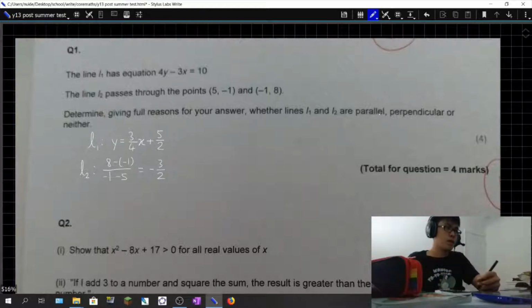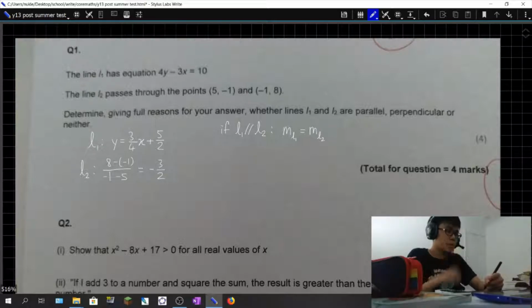Okay, and it's asking us whether the lines are parallel, perpendicular, or neither of those. So if it's parallel, right? So the definition of parallel lines. Okay, so if L1 is parallel to L2, then that means the gradient of L1 must equal the gradient of L2.